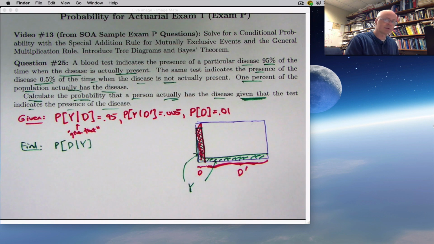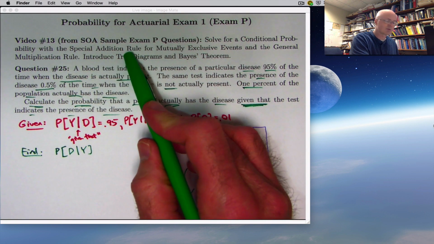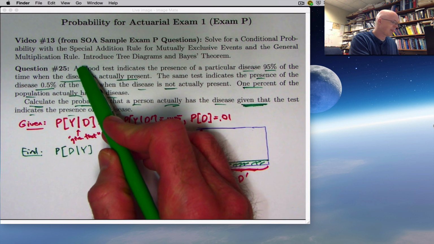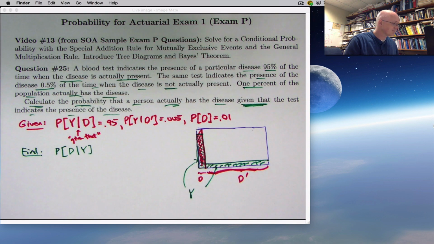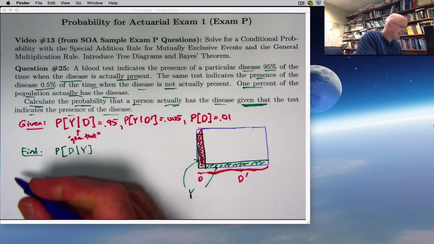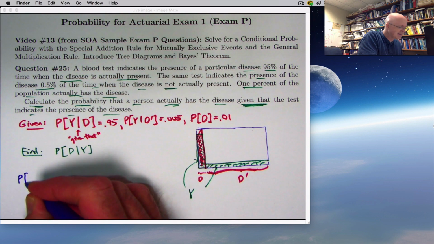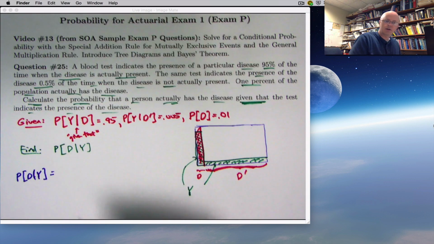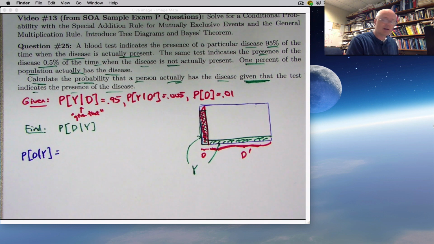As far as using the rules, I did talk about wanting to use the special addition rule for mutually exclusive events and the general multiplication rule to help me solve this. The general multiplication rule is what I'm going to use right away in the form of what's really the definition of conditional probability. So here again is the conditional probability that I want to find.